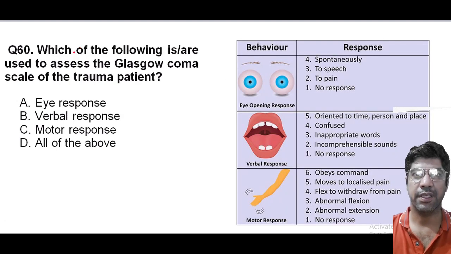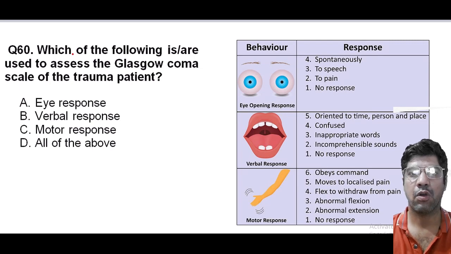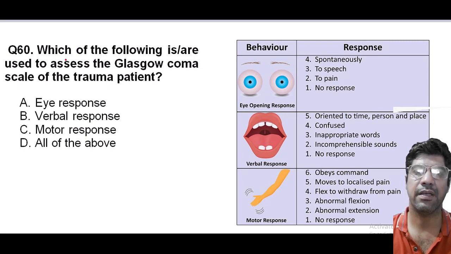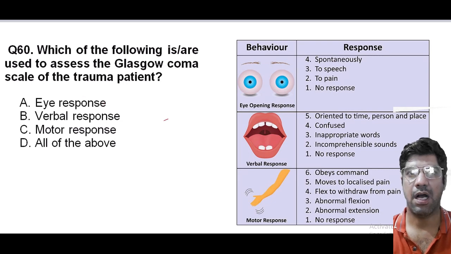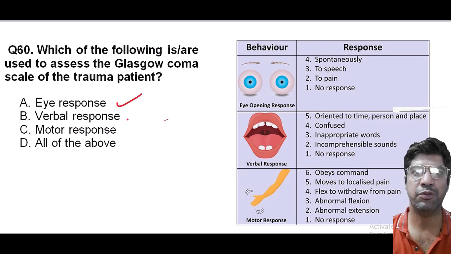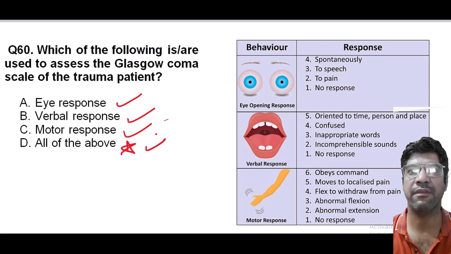Moving to the next question, which of the following is used to assess the Glasgow coma scale of the trauma patient? Eye response, verbal response, motor response. The answer is all of the above.